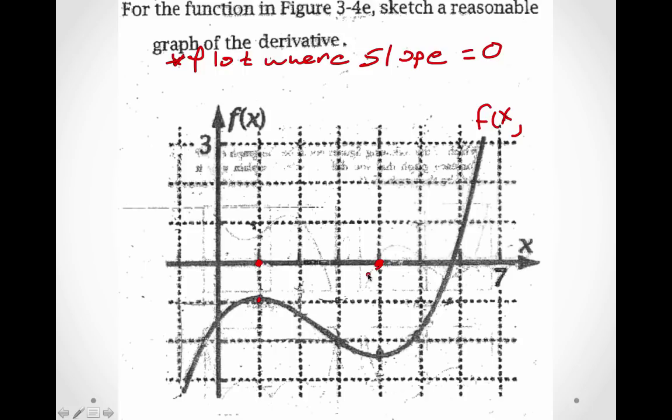The next thing I can do is estimate what the slope is at a few different points. So if I went down right here, and I drew the tangent line, and it looks like so.